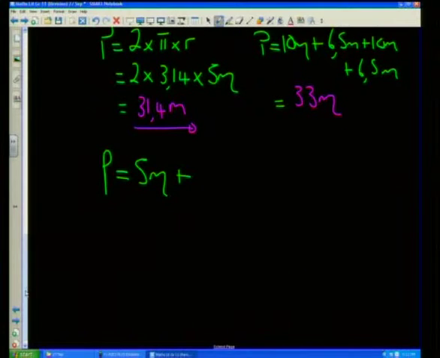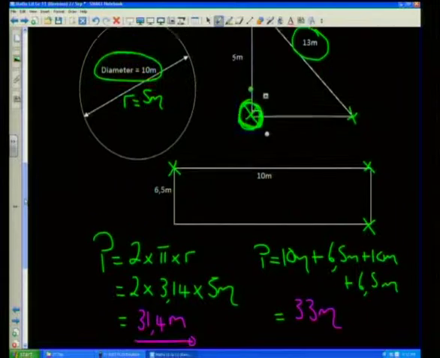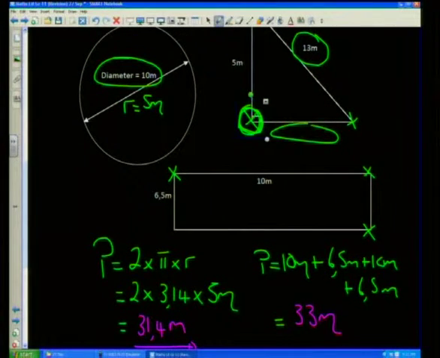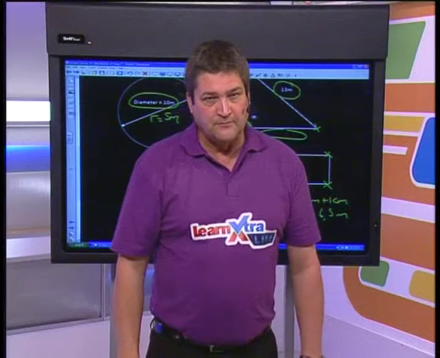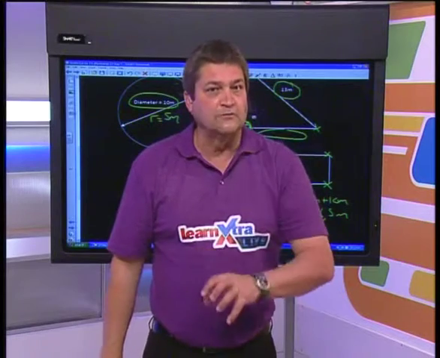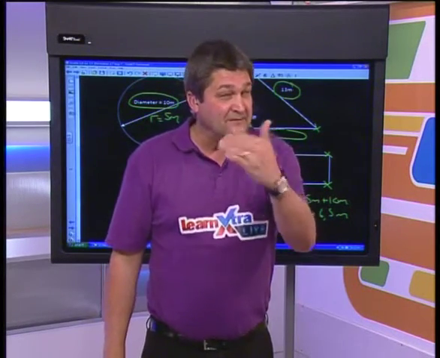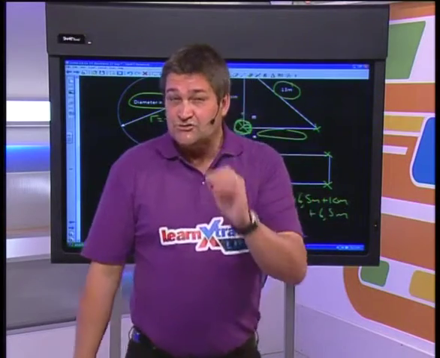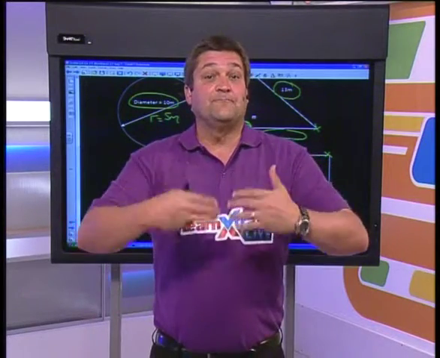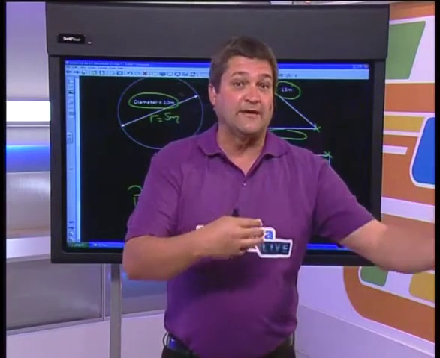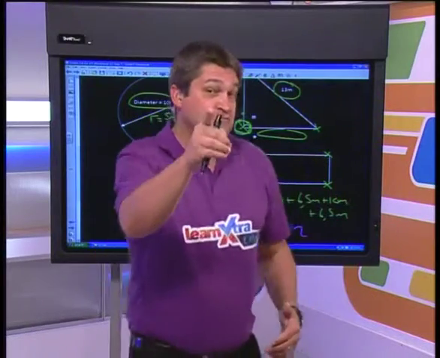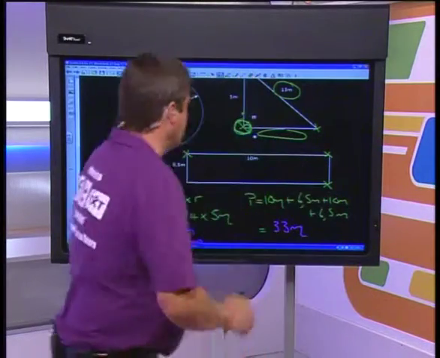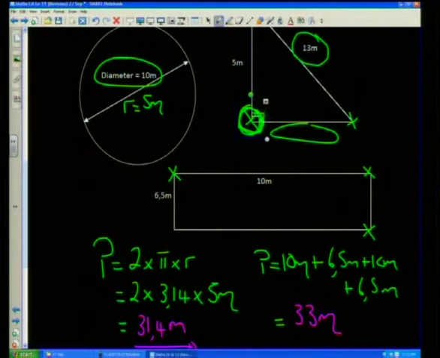So we're going to say plus 13 meters plus this side over here, which I don't know at all. Oh, now I've got a problem, okay? Because I should know what that side is. But my examiner has given me a little clue, because he has told me that the theorem of Pythagoras states the following. And to use Pythagoras, I've got to have a right angle triangle. And I do. There it is, right there.